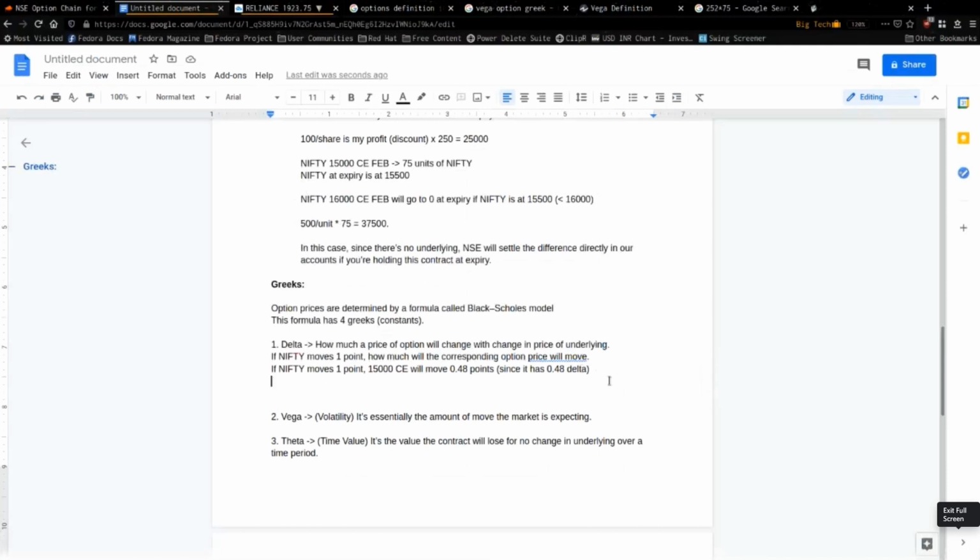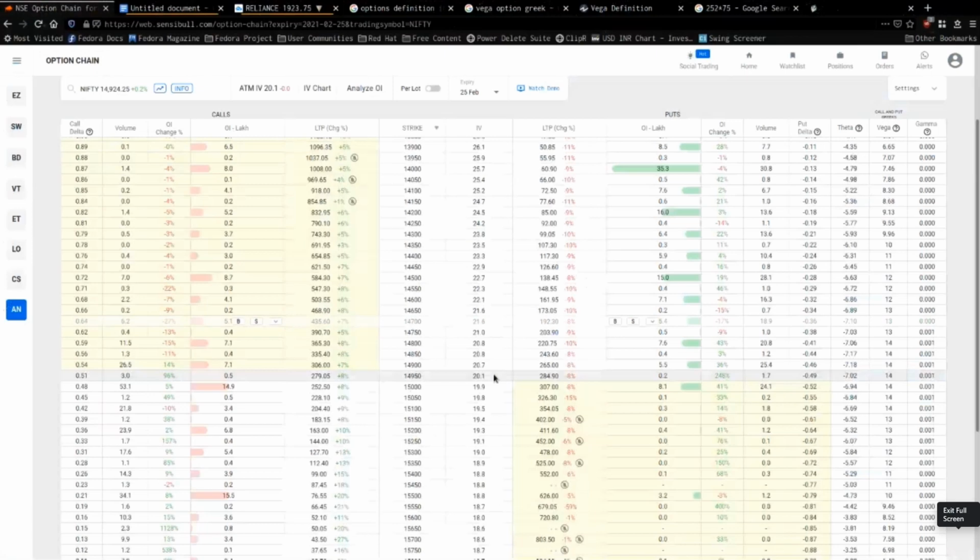Now Nifty is at 15,001. Actually, no, Nifty is wherever it is. But from the next point on, this particular value of delta will also change. If Nifty has moved 1 point, then delta will also change. As Nifty moves closer to the option's strike price, the value of delta goes up, right?